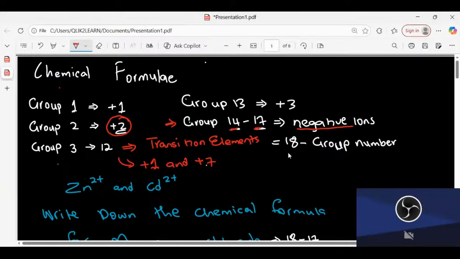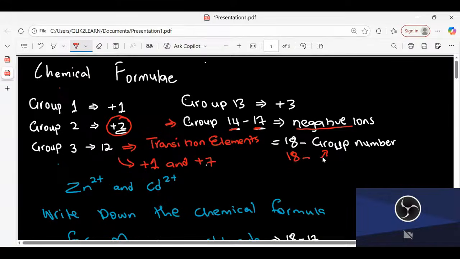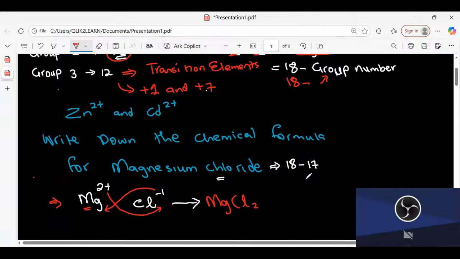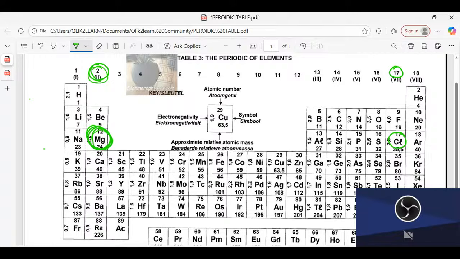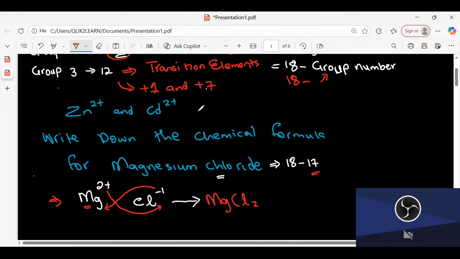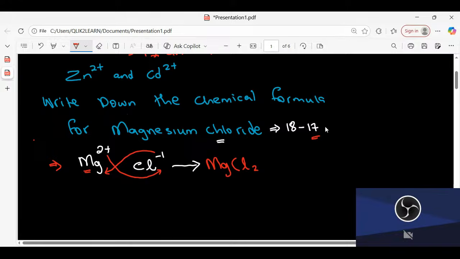We say 18 minus the group number. The group number of chloride is 17, because it's on group 17. We have to say 18 minus 17. The answer that you get is equal to 1. You put it on top of chloride, but with a negative because these are negatively charged.